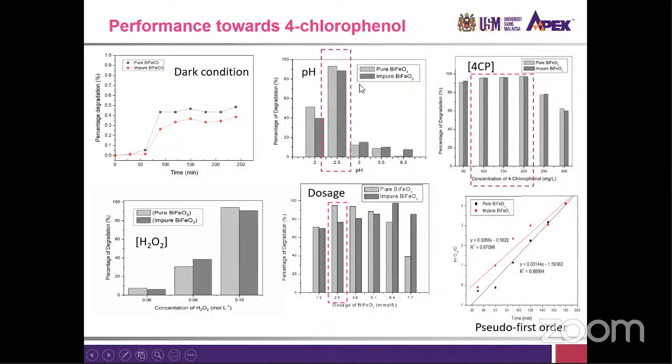So what we found is that most of the pure bismuth ferrites have a remarkable degradation percentage over the impure bismuth ferrite. For this work, the kinetic study is under a pseudo first order.